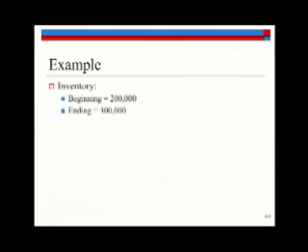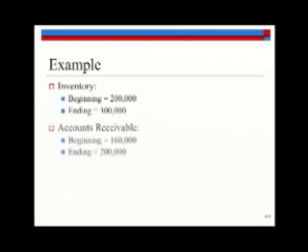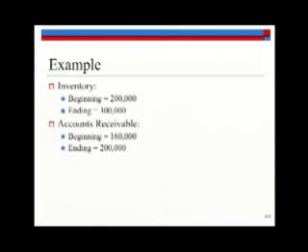Okay, let's look at an example. Let's suppose that over a period of time, the beginning inventory is 200,000 units or dollars. The ending inventory is 300,000. The accounts receivable has a beginning balance of 160,000 and an ending balance of 200,000.